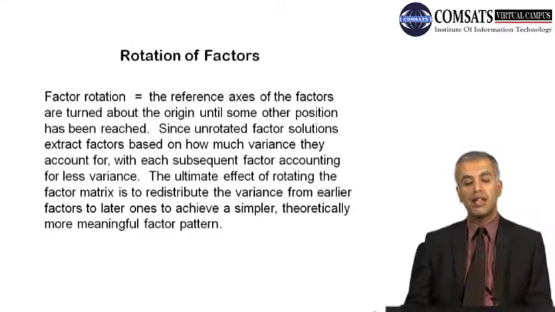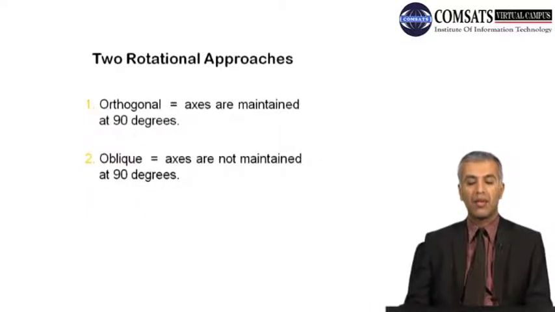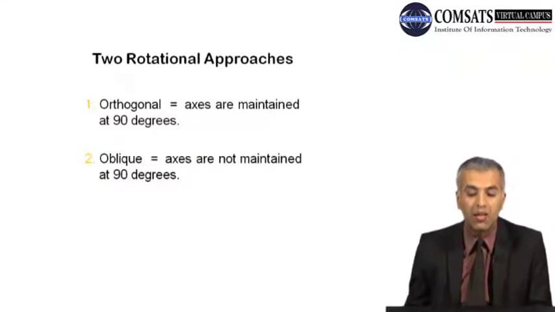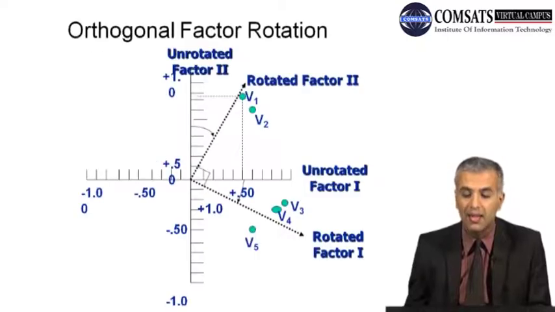Factor rotation is based upon the rotation of the axes of factors. There are two types of rotational approaches: one is the orthogonal approach and the other is the oblique approach.